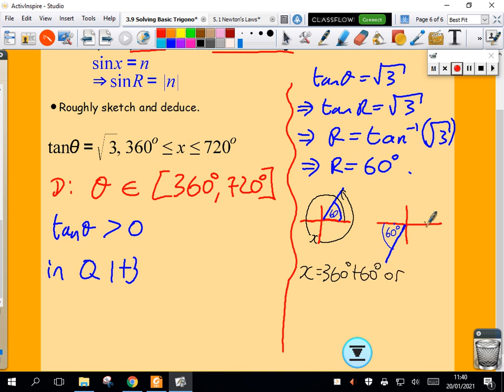Over here, we'd be going all the way around, past 360, and then all the way around to there. So we're going 360, and then another 90, 450, and then another 90, 540, and then 60 more, which is 540 plus 60 degrees.